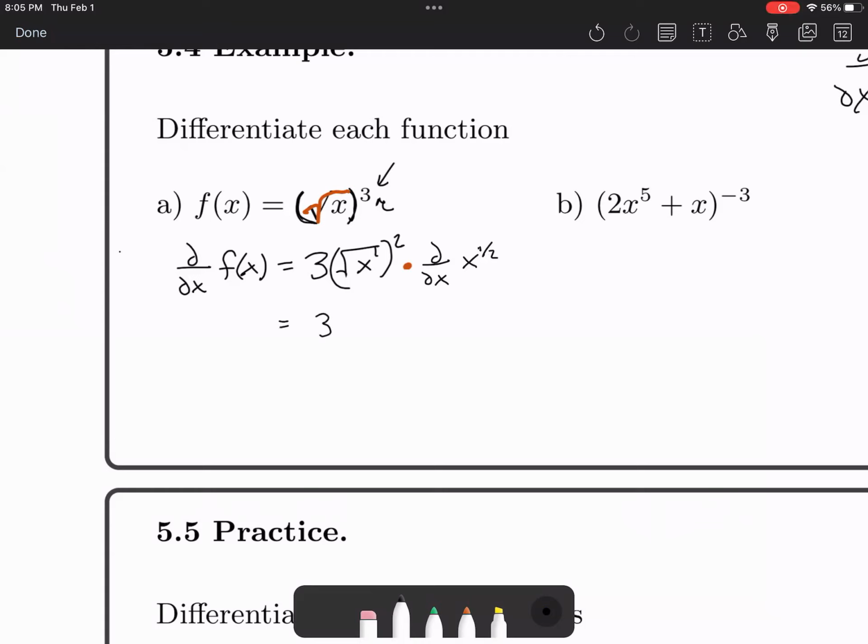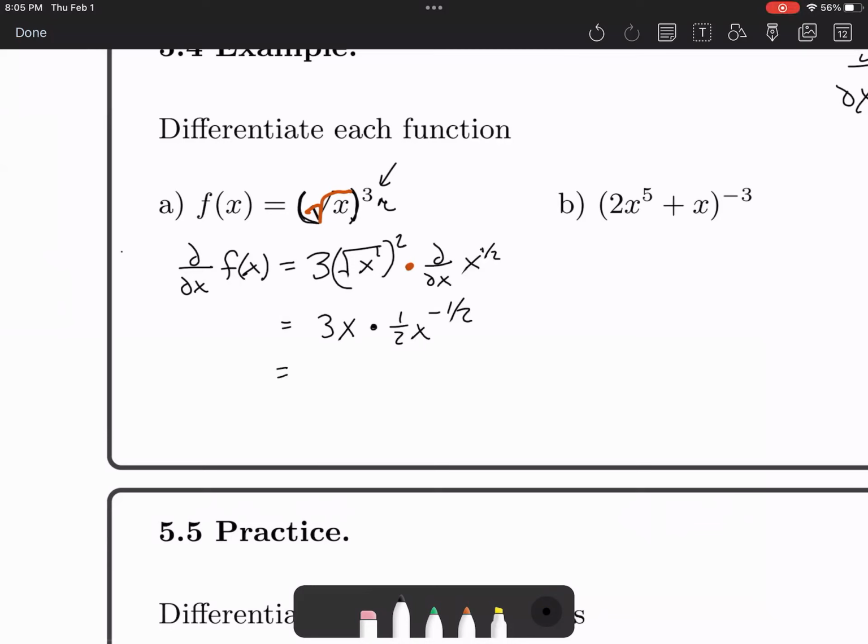And we can simplify with a little bit of algebra. So square root of x squared is just x. And the derivative of the square root of x with respect to x is 1/2 x to the minus 1/2 by the power rule. And cleaning this up with a little bit of algebra, we got 3/2 square root of x.